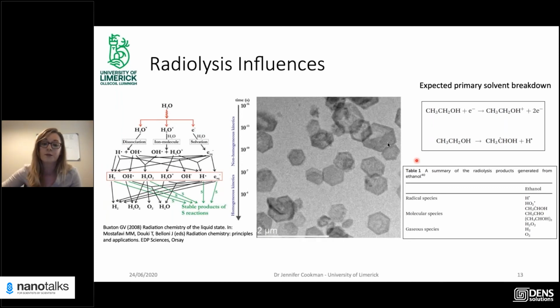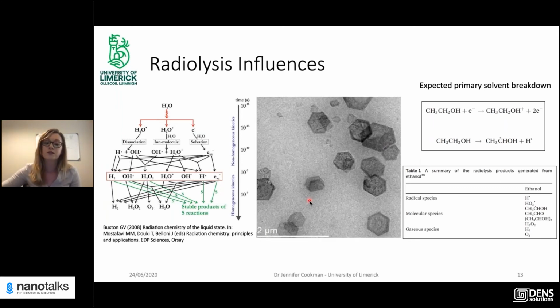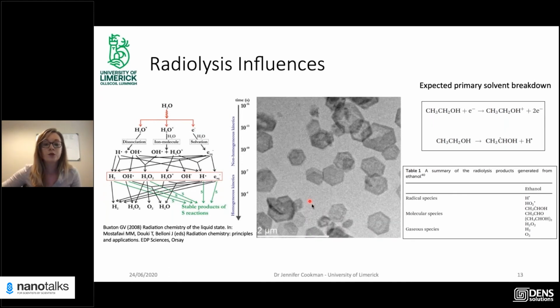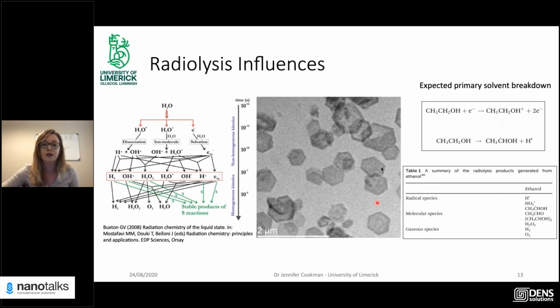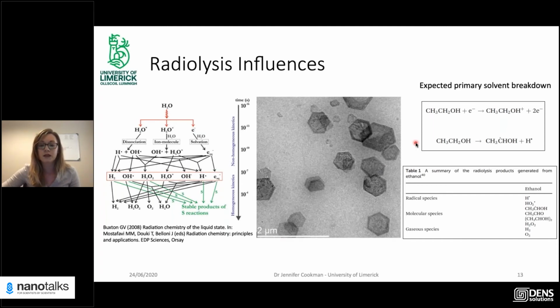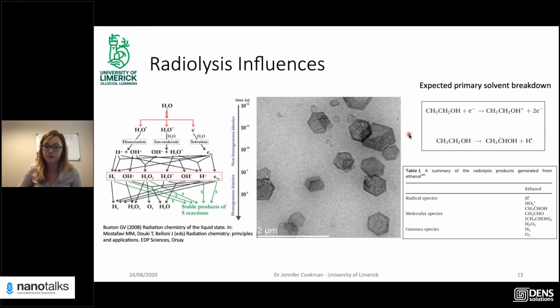And this is what's happening here, where some of the crystals are being carried away from the liquid, and those which have had a strong interaction with the silicon nitride window do remain. So you can see this quite obviously by the contrast difference in the liquid phase and the gas phase environment.